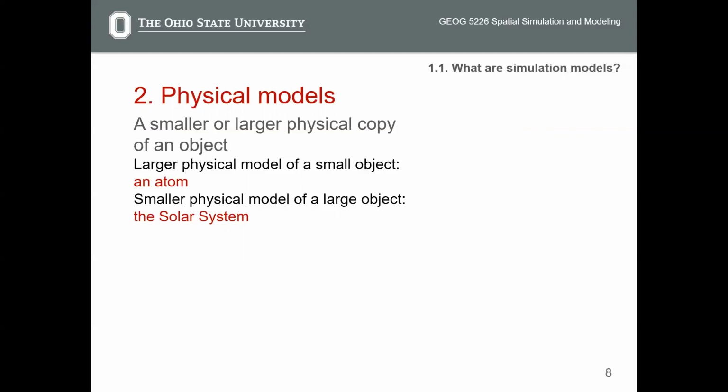And there are also smaller physical models of a large object. For example, the solar system, right? It's impossible to create a model with the same size as the solar system, right? So sometimes we can use different materials to create a smaller model of the solar system for educational purposes, right?